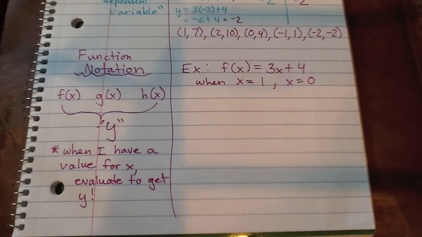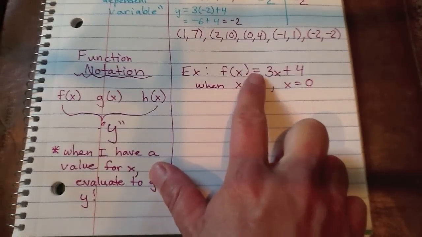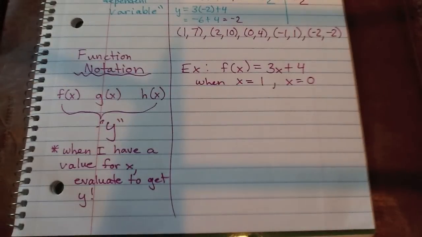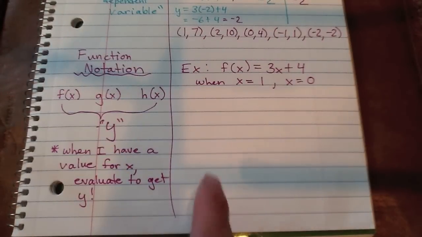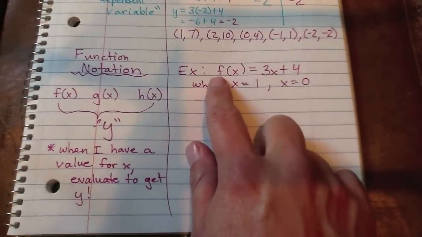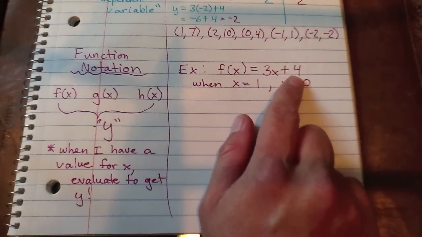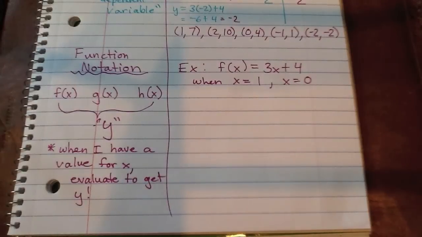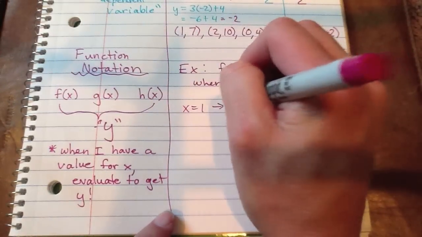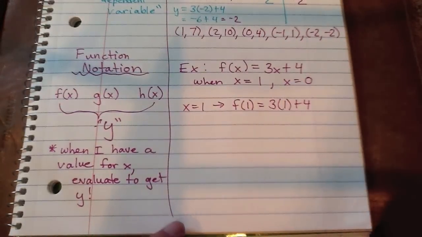Here's the common mistake that a lot of kids want to make. They plug in 1 here and they get f times 1 equals, and they start trying to solve for f. That's not what you're doing. What you're basically thinking of here is that this is saying when x is 1, for the function, then I'm going to get some value when I plug it in over here. So it's going to look like this. So this is when x equals 1. f of 1 equals 3 times 1 plus 4.